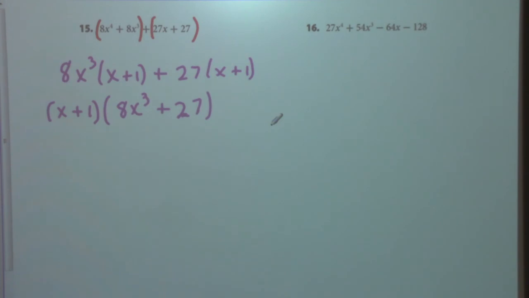You have to take the cube root of 8x cubed and 27. Does it work? 2x plus 3. Okay, Braden is giving me a little direction here. If you take the cube root of 8x cubed, you get 2x, is that right?